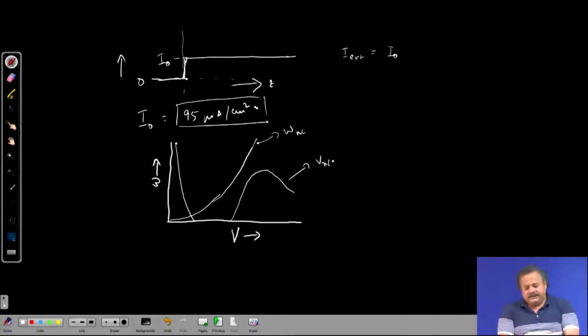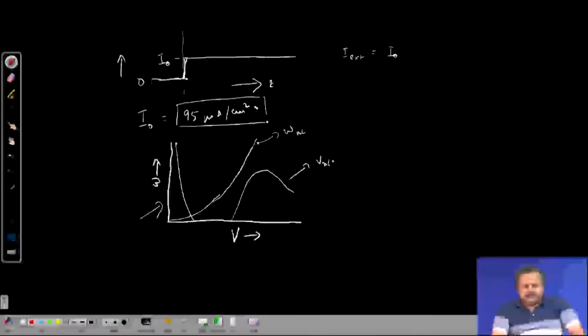Remember, this is the original system that we had. Now we have an external current, I 0, a fixed current, which means I external needs to be incorporated in the system, and would it make any changes in whatever we have so far in the phase plane?